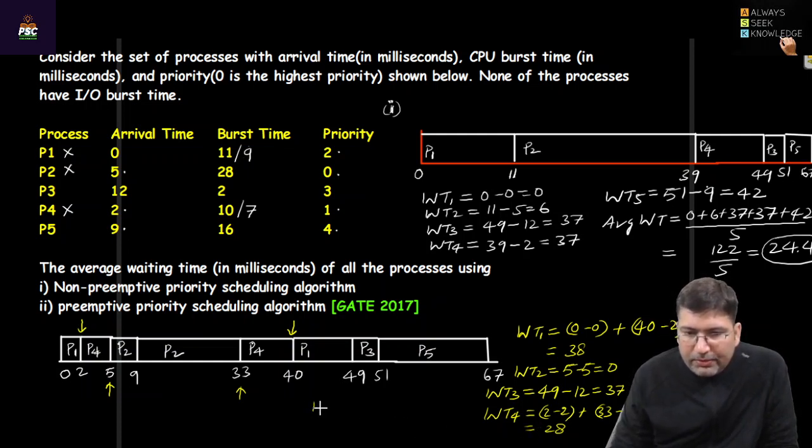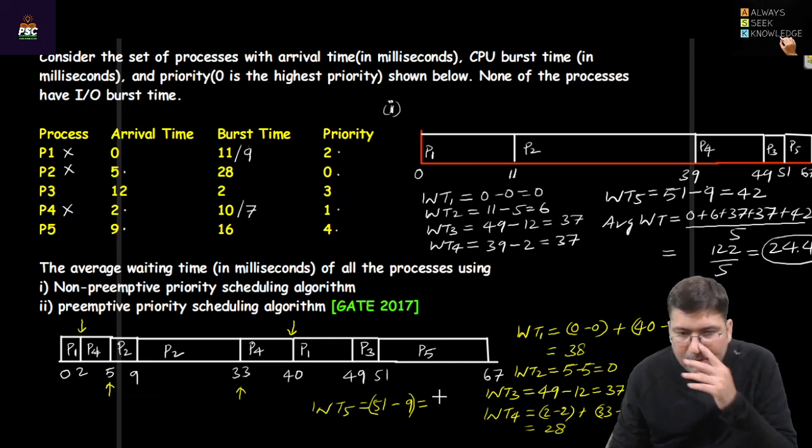And if you calculate waiting time for process 5, it starts executing at 51 and process 5 arrived at 9. So overall waiting time 51 minus 9 will give us 42. Okay.